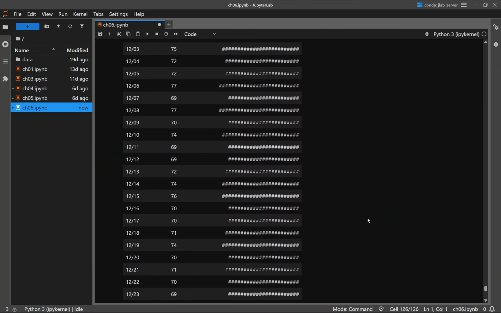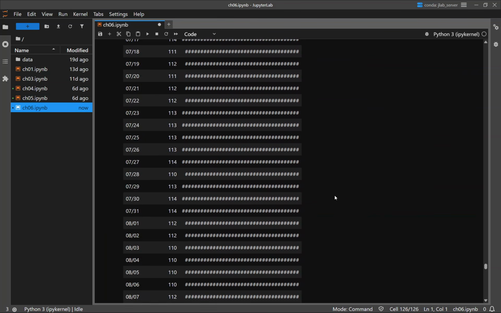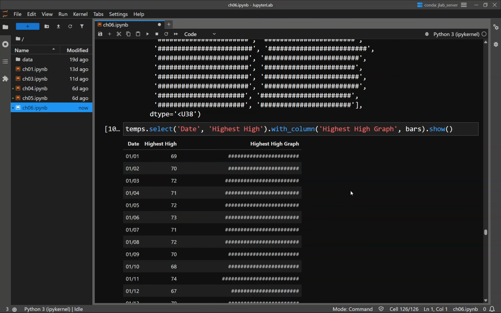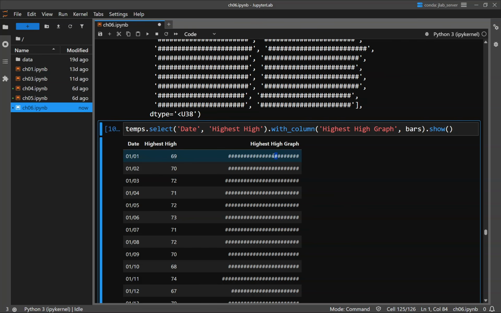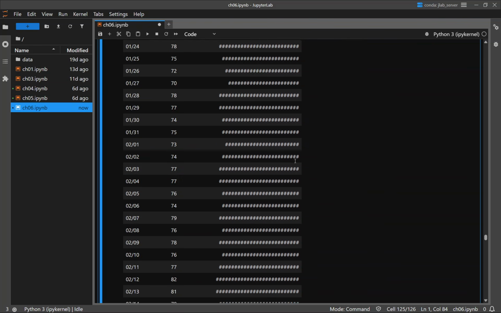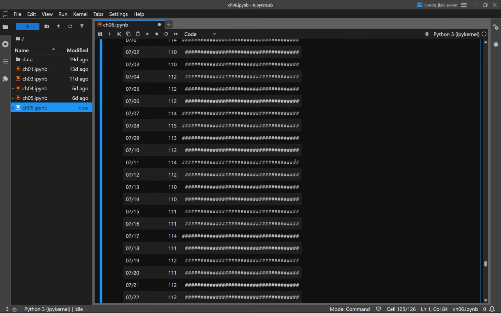Yeah, it'll be right justified because that's just how the tables work. So you look at it over that way. But there is a bar graph, technically, for highest highs. We've turned the highest highs, after we scaled it appropriately, into bars of a bunch of number signs. Isn't that fun?